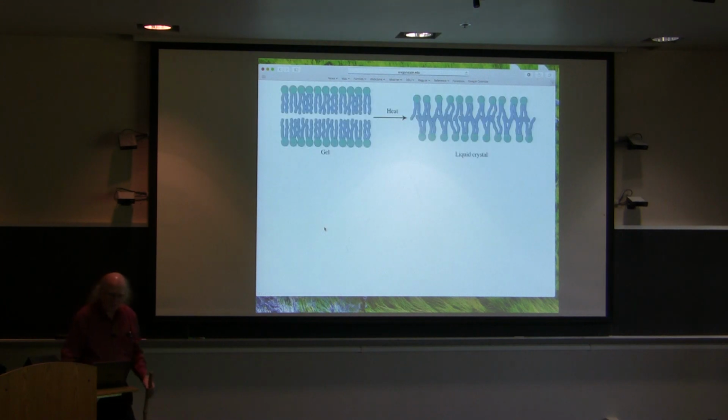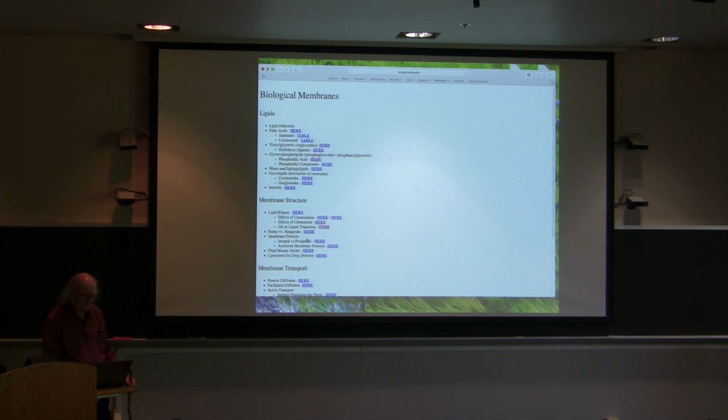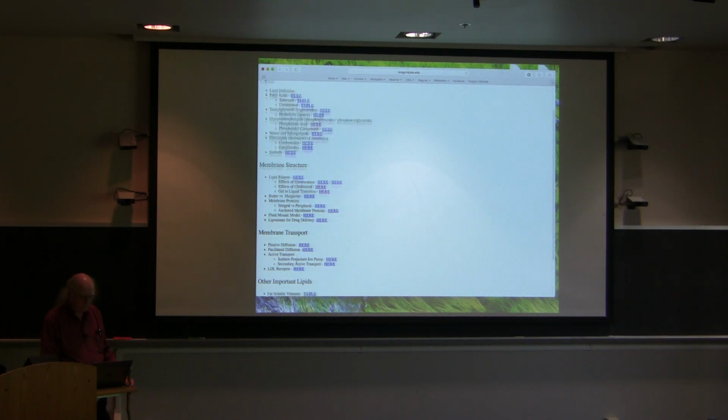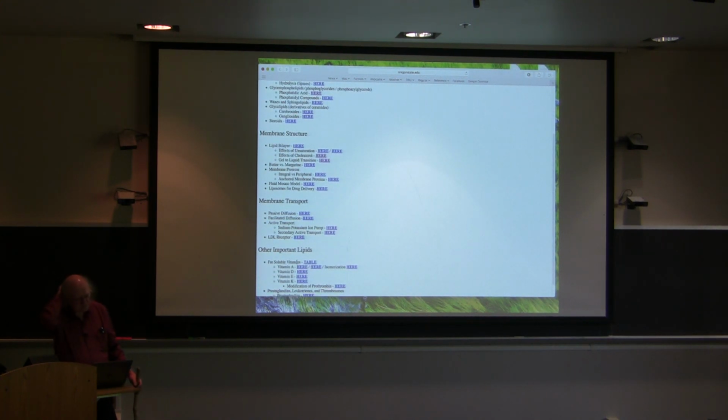Oh, here it is. No, that's not it. I can't remember where I put that. I had a transition temperature figure.